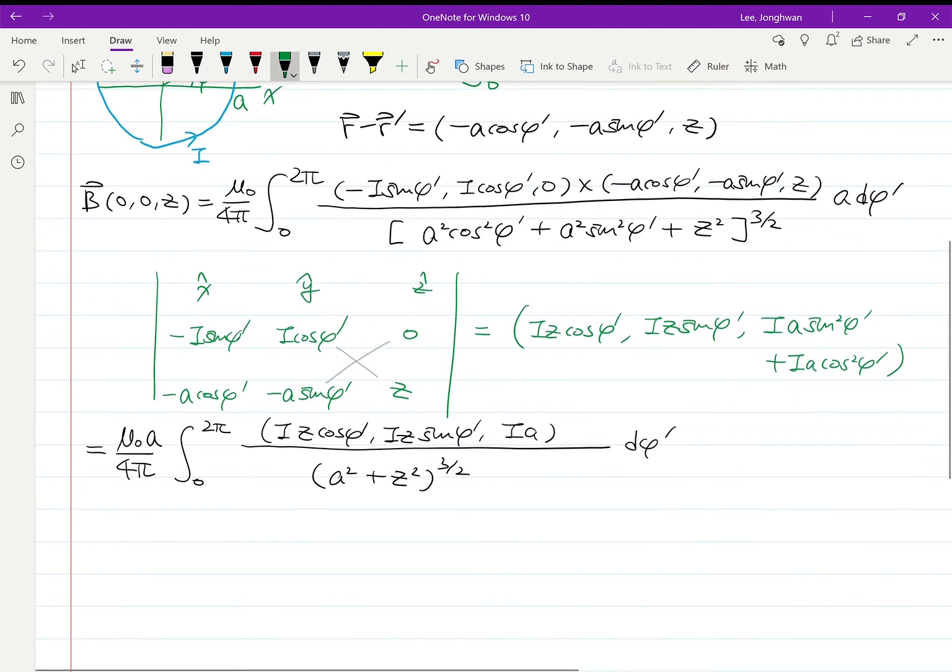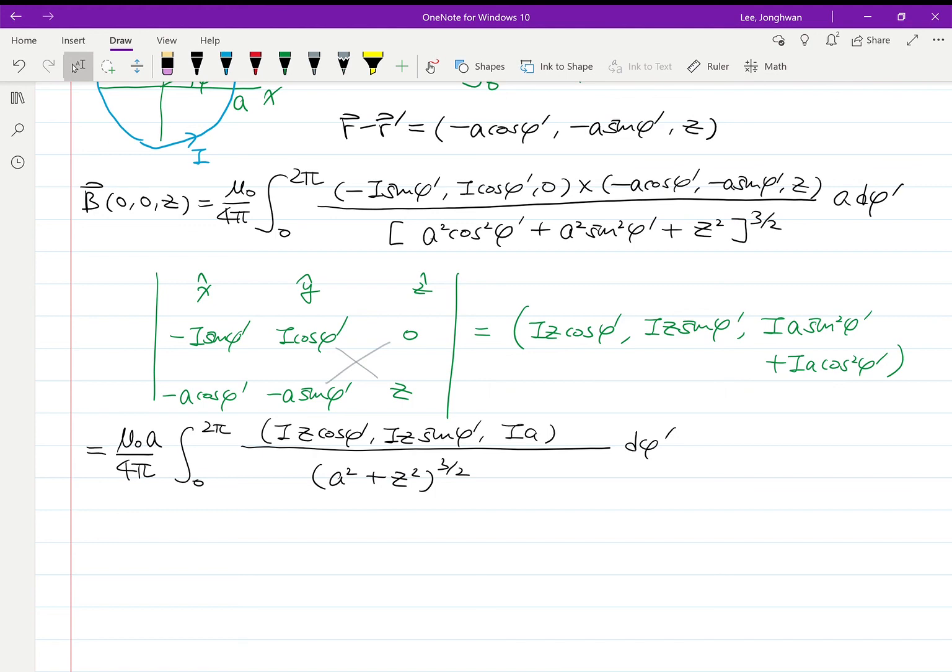And if you look at this, it's the integral over phi prime, and we have phi prime only in the cosine and sine. But as you know, if you do the integral of the cosine from 0 to 2 pi, or the sine from 0 to 2 pi, it becomes 0. So actually the B field has zero x component and zero y component, and a non-zero value only in the z component.